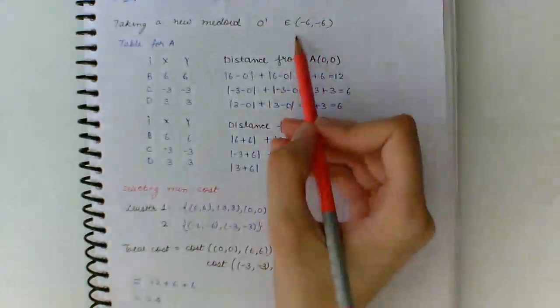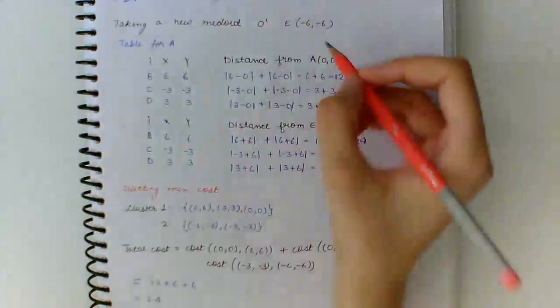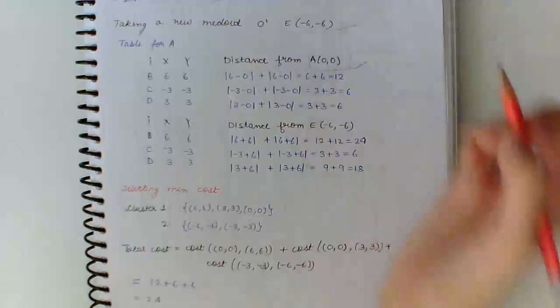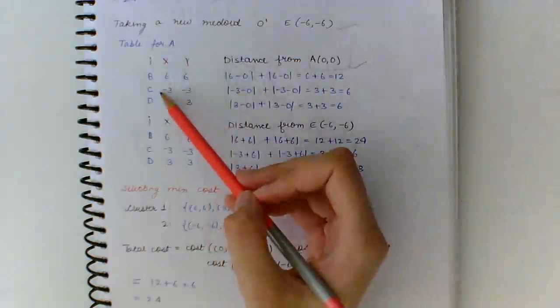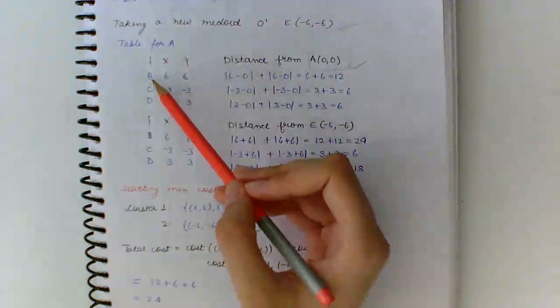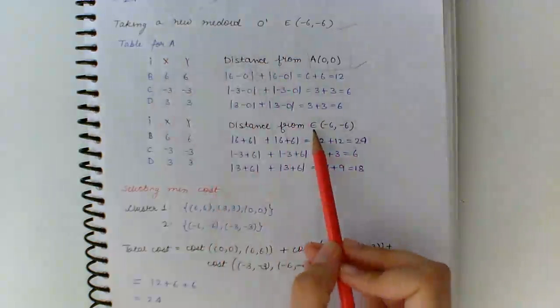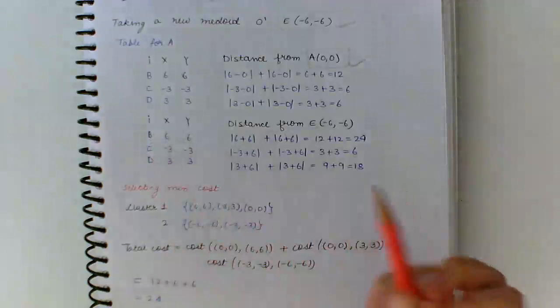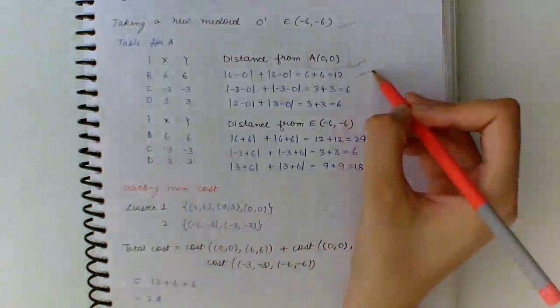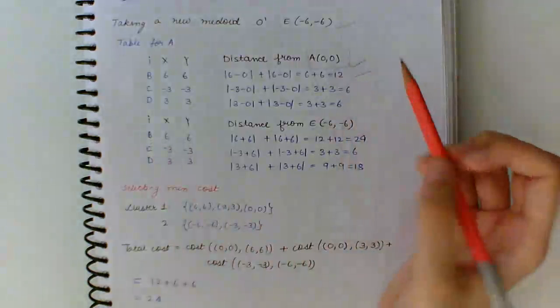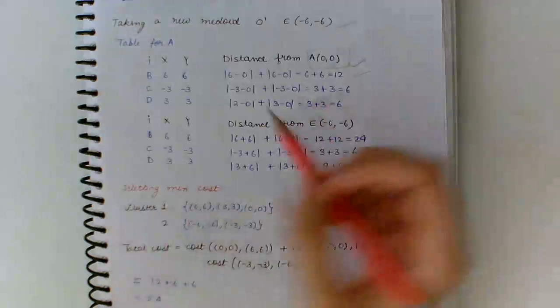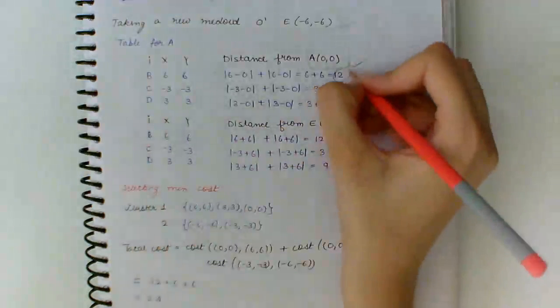Now moving on to the second set. We take E (-6, 6) as our second medoid with A (0, 0) being our first medoid. We do the same. We calculate the table for A and the distance with B, C and D, and similarly of E with distances from B, C and D. We use the Manhattan distance formula again and calculate the minimum cost.